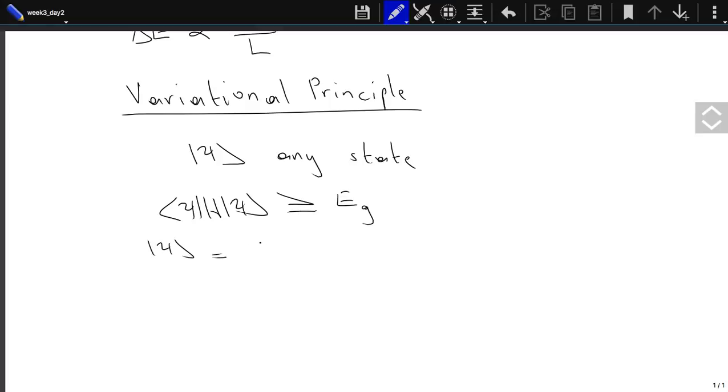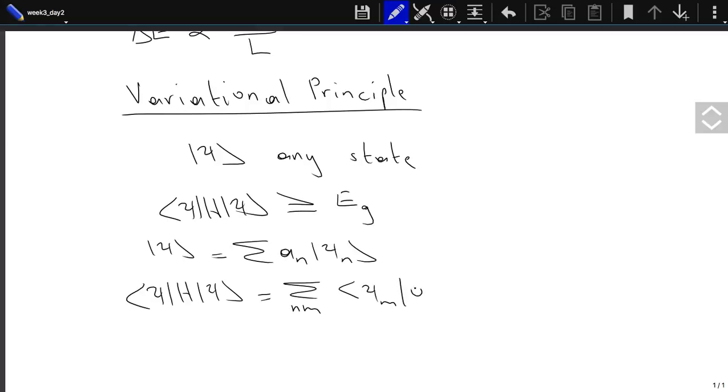Since it's any state, you can always write it as a superposition of the eigenstates of your system. Then the matrix element of the Hamiltonian in this state would be the sum over n and m of psi m, am star, an, En, psi n, which is equal to the sum over n, m of am star, an, En times the overlap.